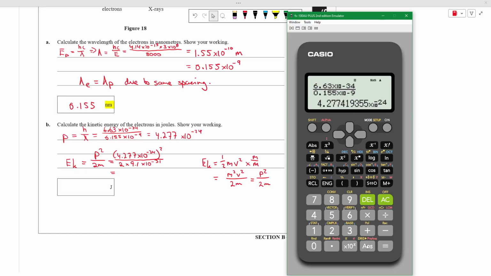So that squared over 2 times the mass of the electron. Yep, 1 times 10 to the negative 17.